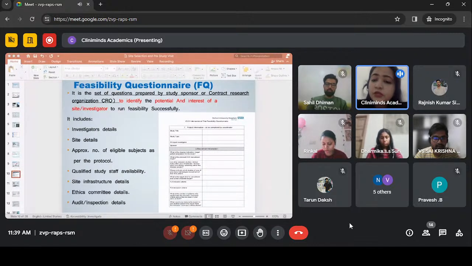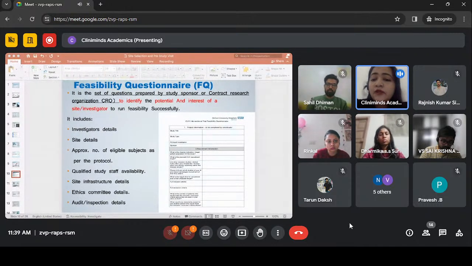Then the infrastructure-related details: the complete site detail will be captured, such as how many storeys the building has, how many evaluation rooms there are, how many pharmacies are devoted to research purposes, how many examination rooms there are, whether the hospital has ICU units, and how many ICU beds there are.